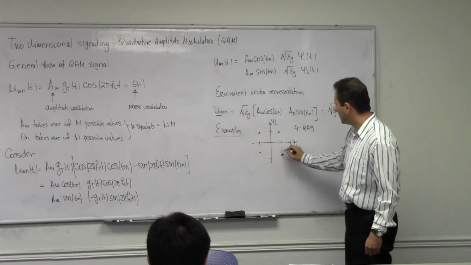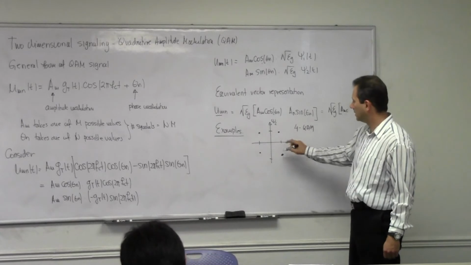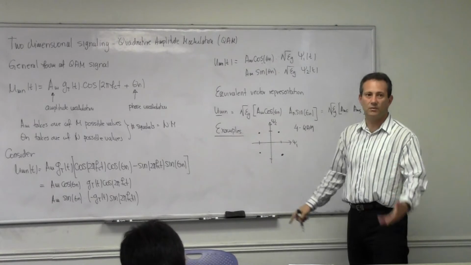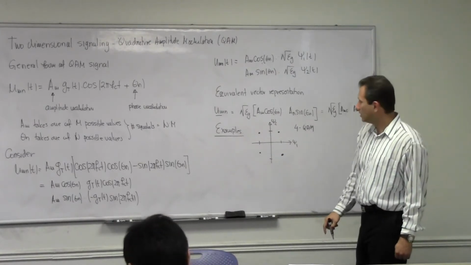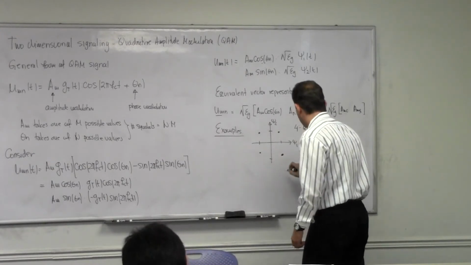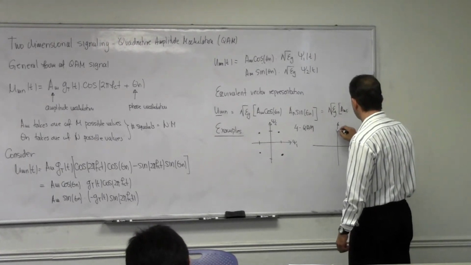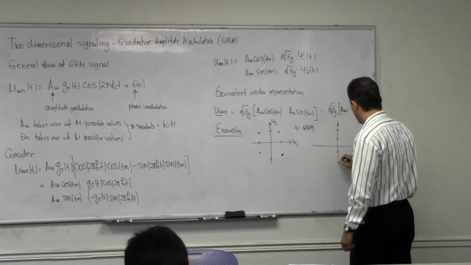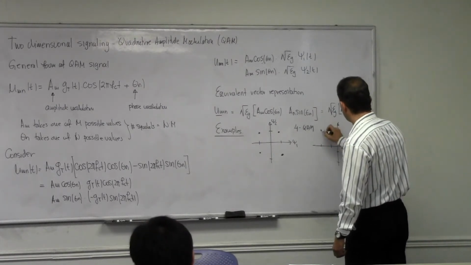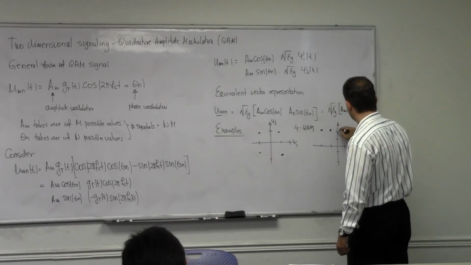Where you have, pick these 4 points, right? You have two values for A_mc and two values for A_ms, and they give you 4 possible combinations. So that would be one example. Let's look at another example, maybe better. Let's put 4 points this way, 4 points this way, and now look at all possible combinations. So, I'm sorry, this one doesn't fall.